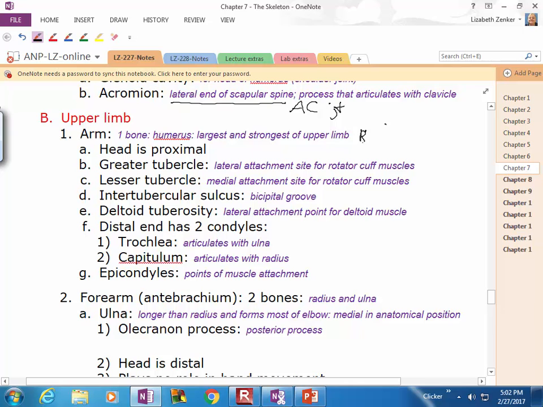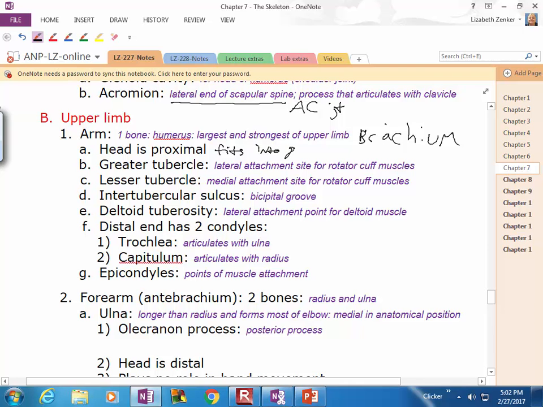Yes. Brachium. Because the lower arm is called the antebrachium. Here, let me erase and spell this right.